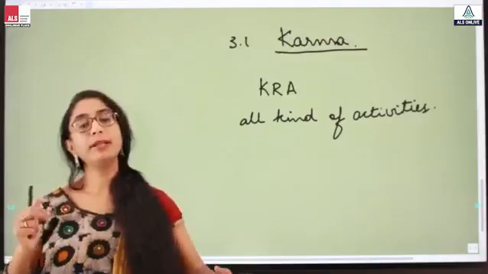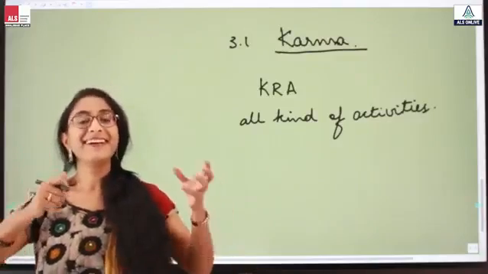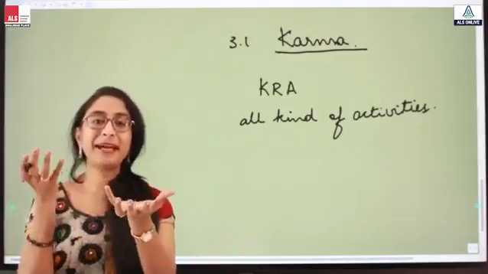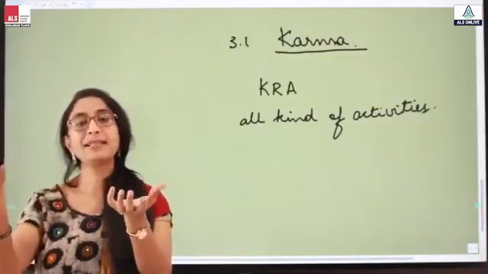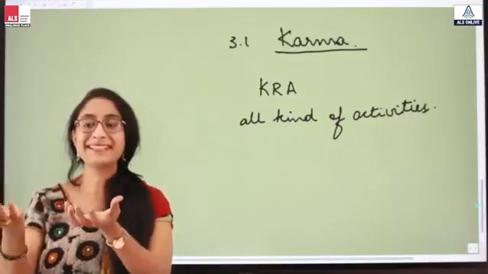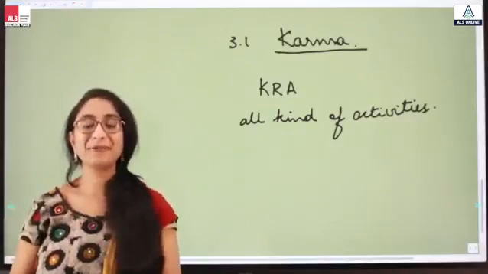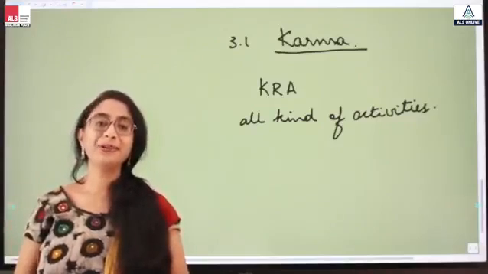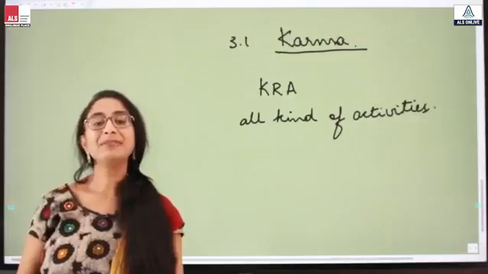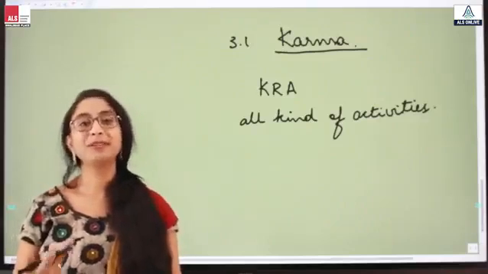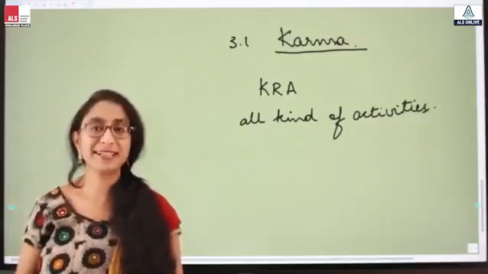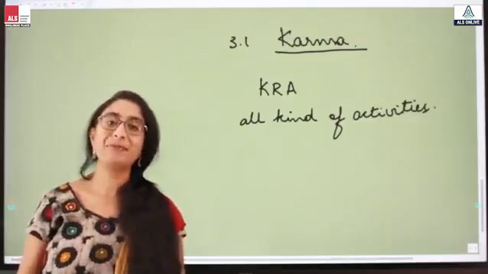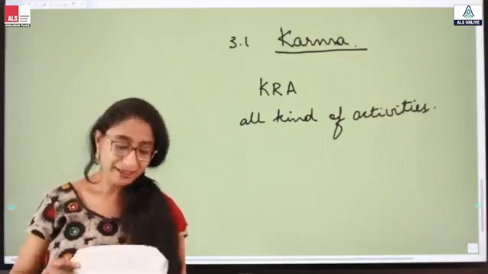I think there is a measuring scale where all the good karma is put on one weighing pan and all the bad karma on another, and it is weighed to see whether we have done more good deeds or bad deeds, and accordingly we will be given a birth. The circumstances we face in that birth will mostly be determined by what we have done in our previous births, whether good or bad.